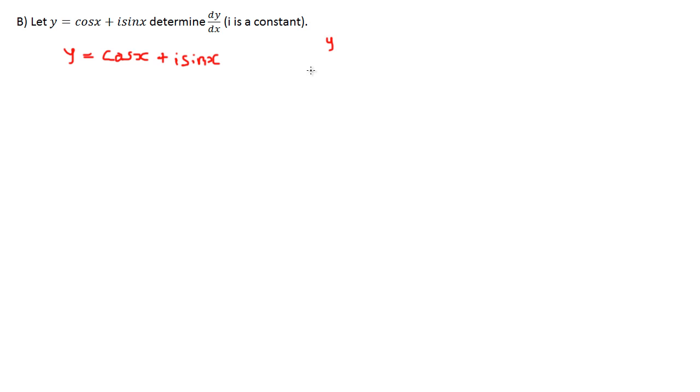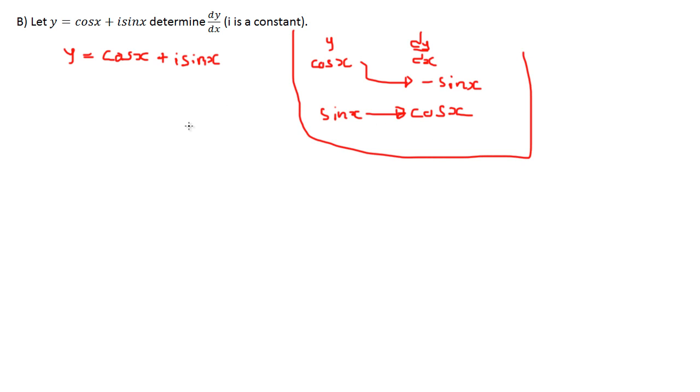So y equals cos x, when it's differentiated, we always get minus sine x. When y is sine x and we differentiate it, we get cos x. So after you knowing this, it should be pretty simple.